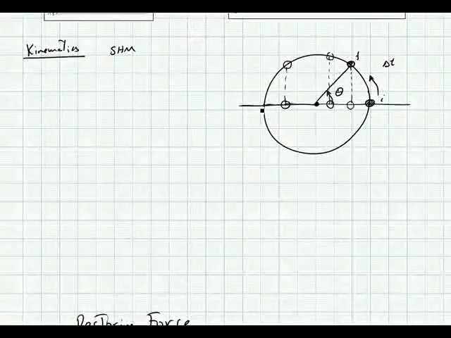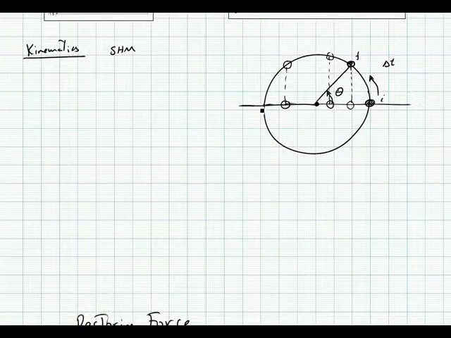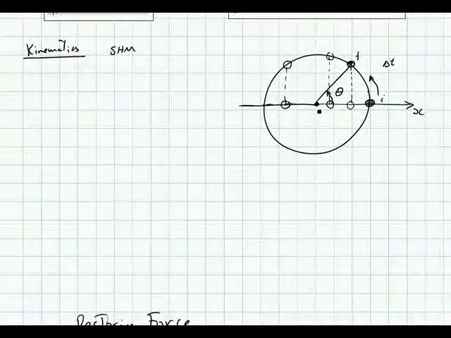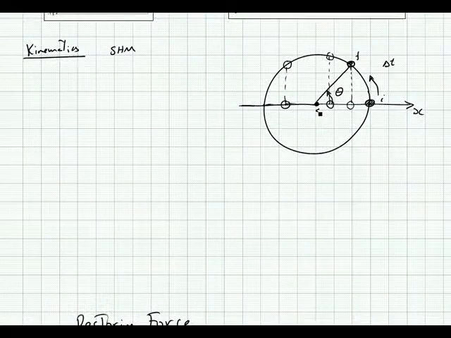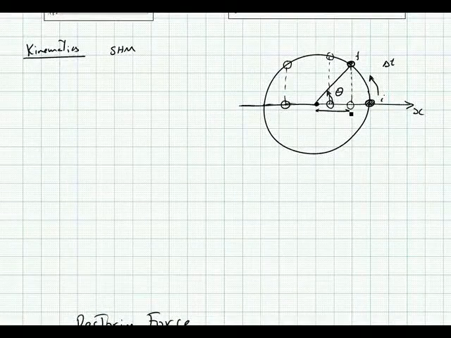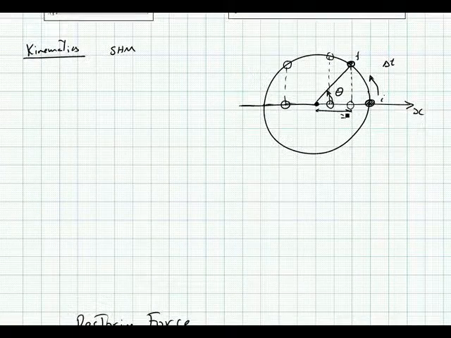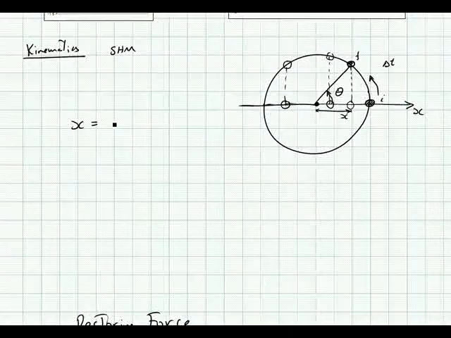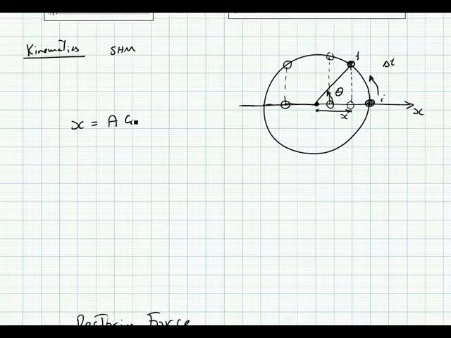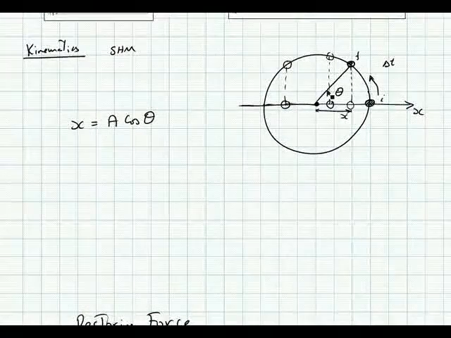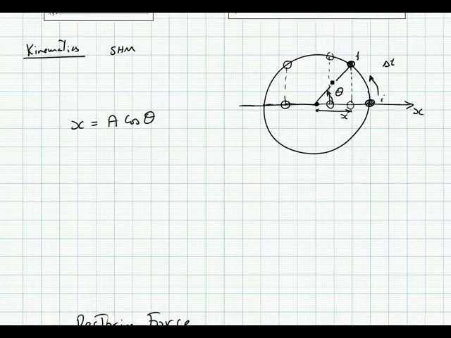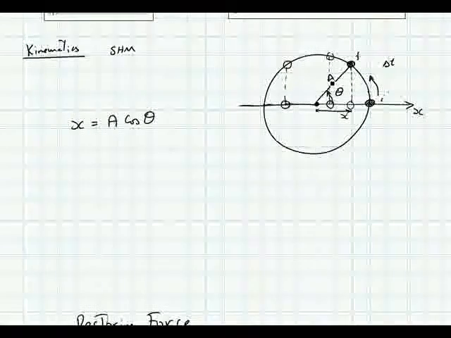So mathematically, you see that this position, if I call this the x-axis, then the position that the object is at, let's call this x. x is simply given by a cosine theta, where theta is the angle that we defined here, and a is the radius of the circle.